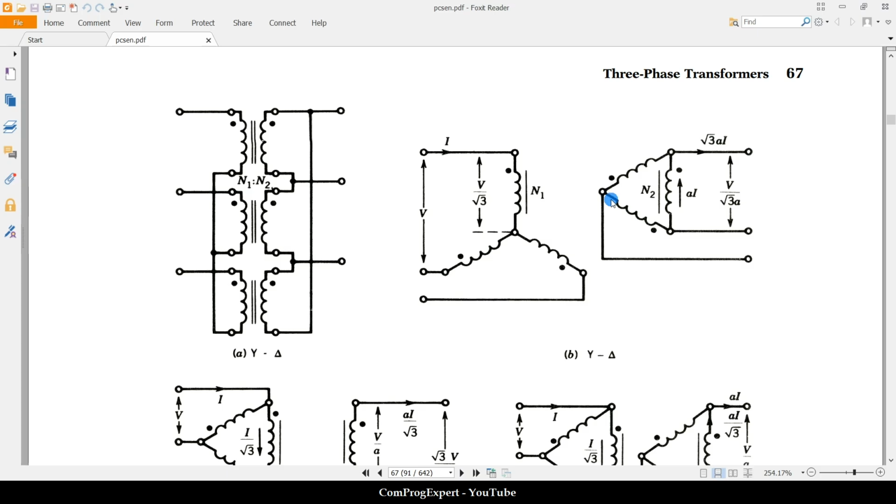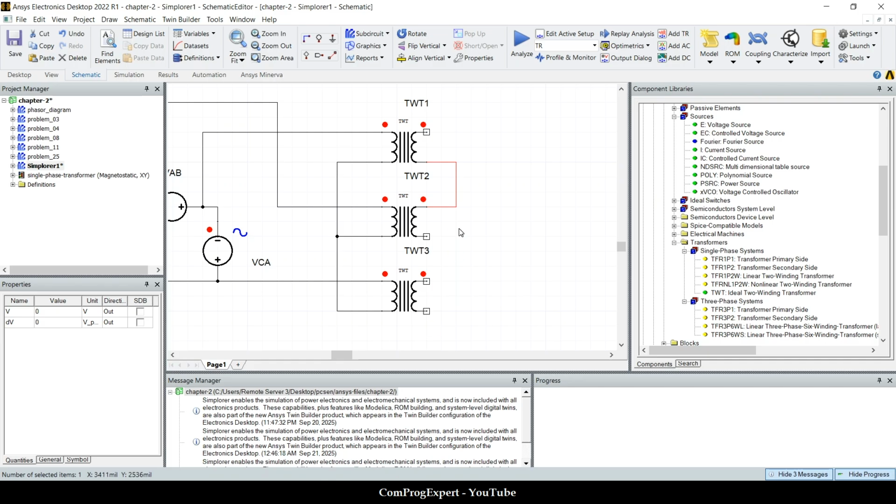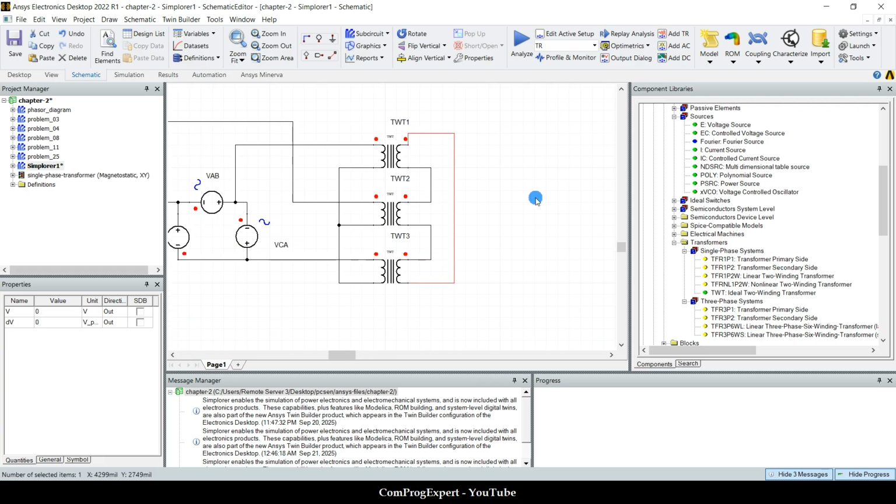A, B, C. Right? A, B, then we have C, and again we connect the C to the A, and then we have the load here.